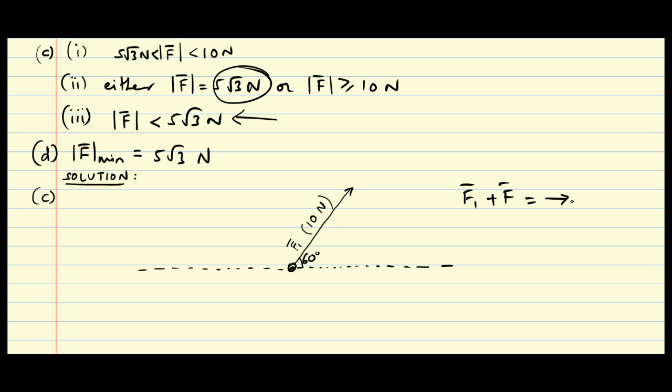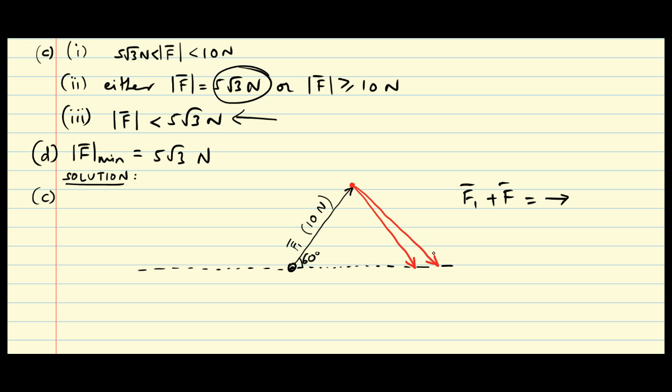We want this addition to be rightwards. So by the triangle law, I must draw a vector F bar starting from this dot and ending on the dotted line. So for example, like this, or it could be even like this.